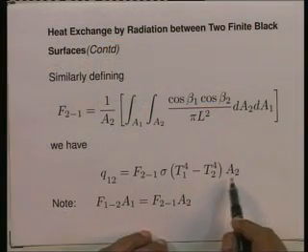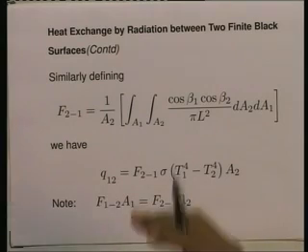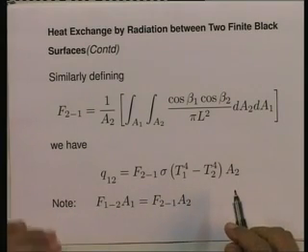Secondly, we have expressed it in terms of F 1 to 2 and said q 1 to 2 is equal to F 1 to 2 sigma (T 1 to the power of 4 minus T 2 to the power of 4) multiplied by A 1. We have expressed it also in the reverse manner by saying q 1 to 2 is equal to F 2 to 1 sigma (T 1 to the power of 4 minus T 2 to the power of 4) into A 2. We got three different, all equivalent ways for the same quantity.